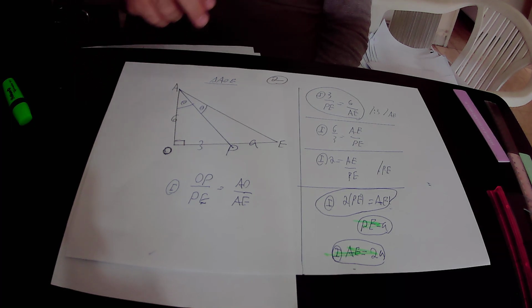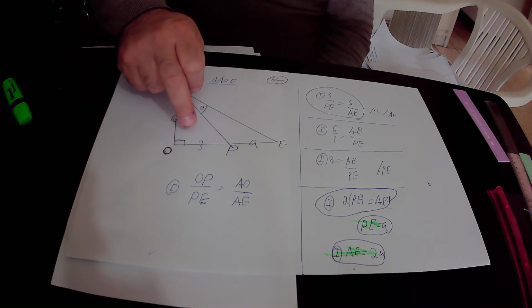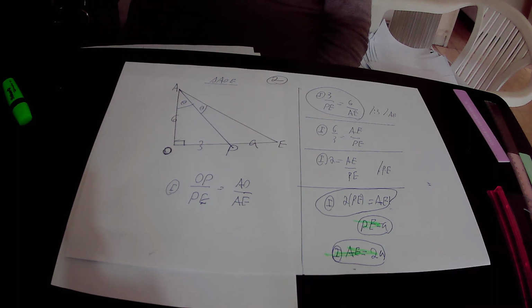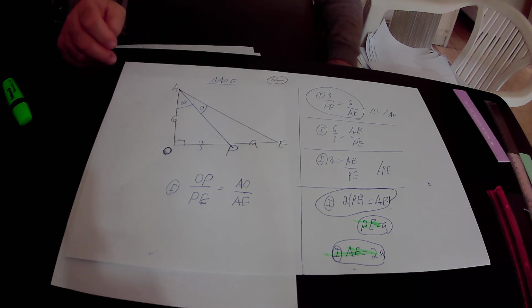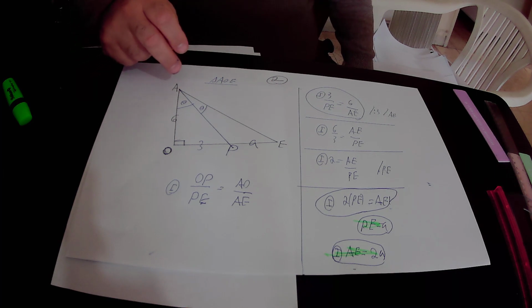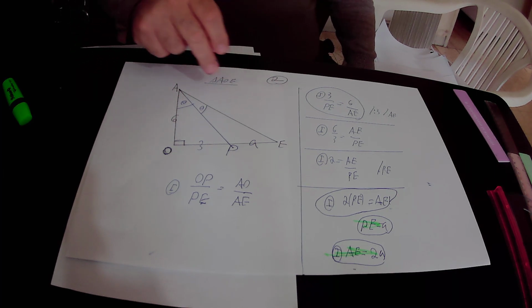OP is the radius of the semicircle, that is 3 units. And AP is the angle bisector that divides angle OAE into two halves. Each half equals theta.